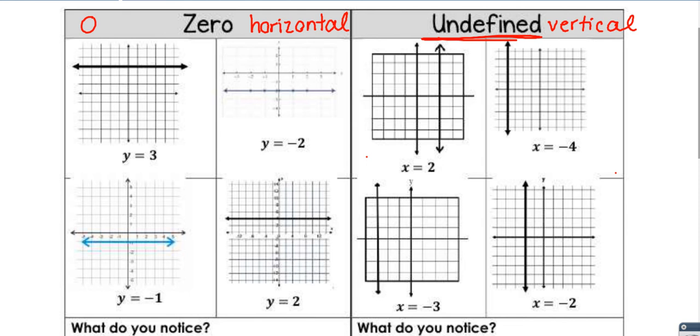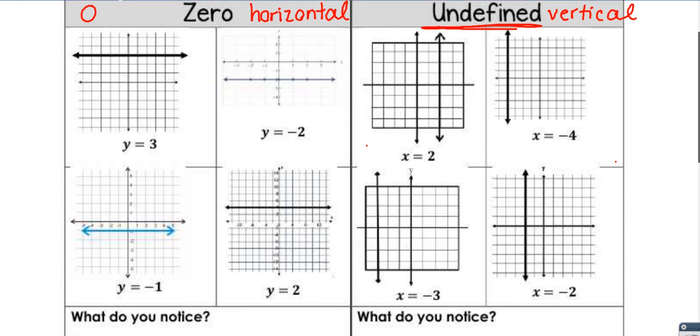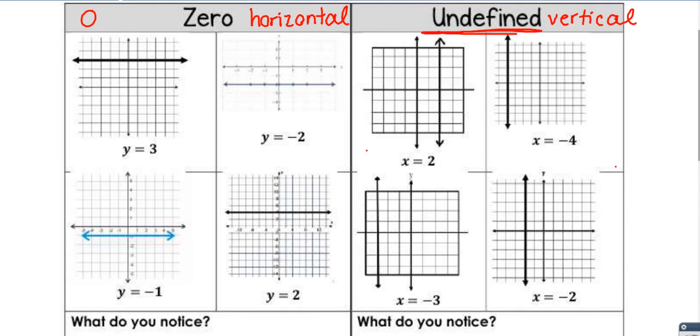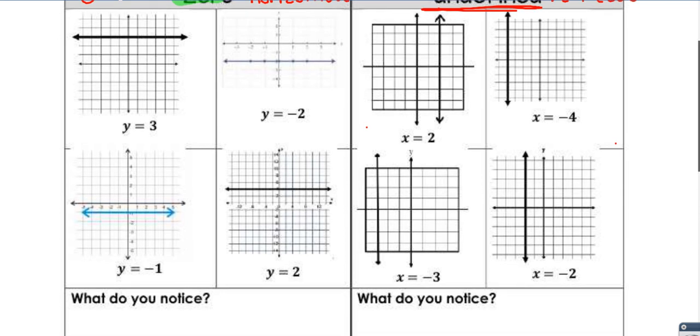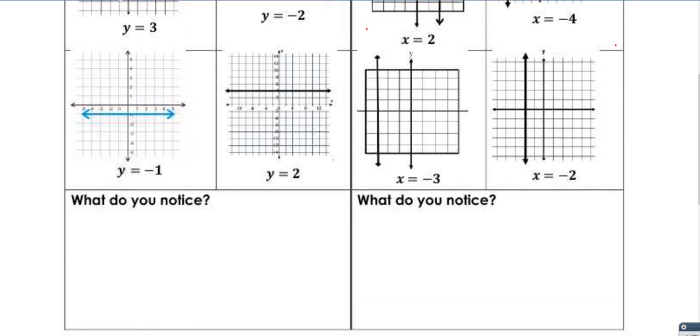So looking at your equations and your graphs, let's look at just the 0 lines first. And hopefully we notice, like we kind of already mentioned, that your lines are always horizontal with a 0 slope, okay?